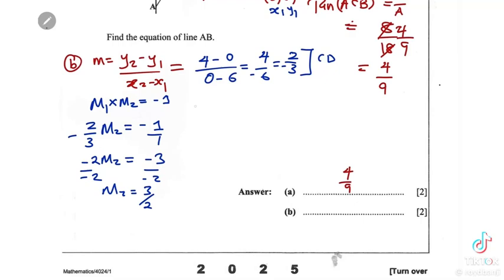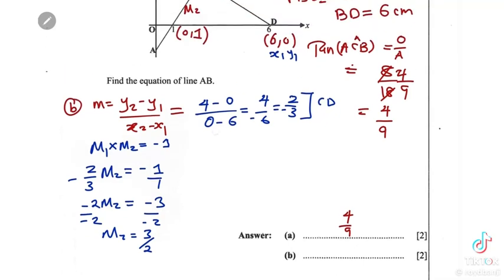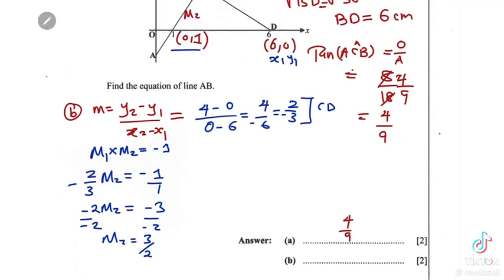Now that we have the gradient, we can find the equation. This line is passing through the point. So I can say y minus y1 is equal to m(x minus x1). So this point, this is x1, that is y1.